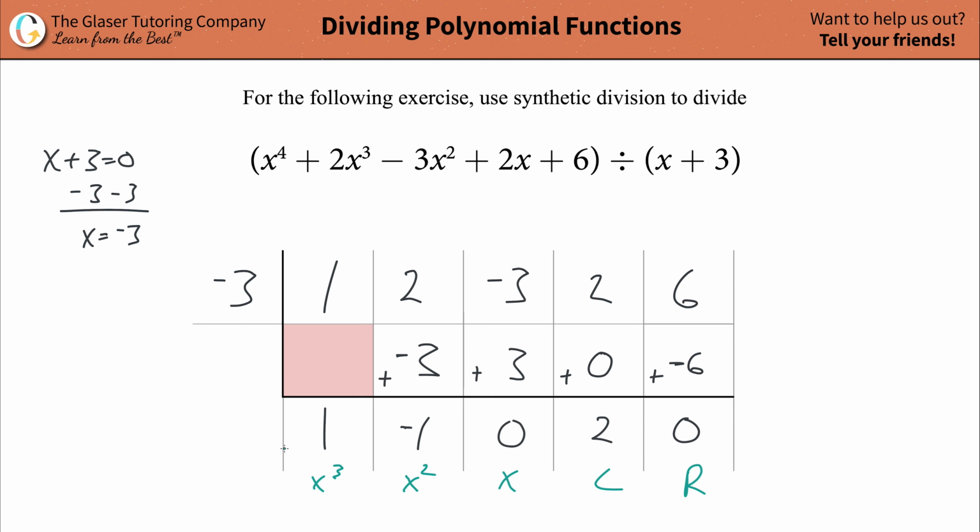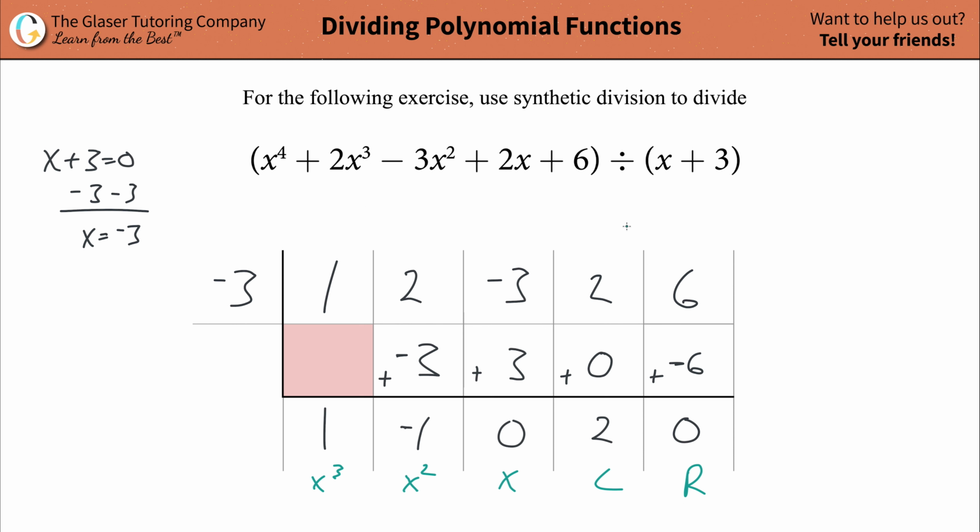Now, what you have to do before you start writing out your quotient down here, including the remainder, is go back to your divisor and check one thing. Actually, I want you to perform this. You're going to identify the coefficient of your x term in the divisor. Whatever it is, in this problem it's a 1.